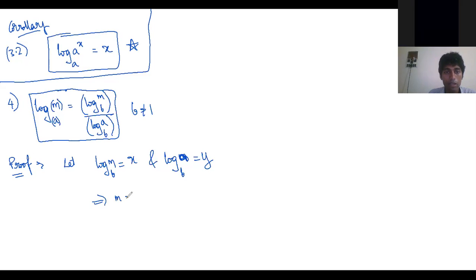From here, can I say m is equal to b power x, and a is equal to b power y? From here, can I say m power 1 by x is equal to b, and a power 1 by y is equal to b? Is this okay? Yes, sir.